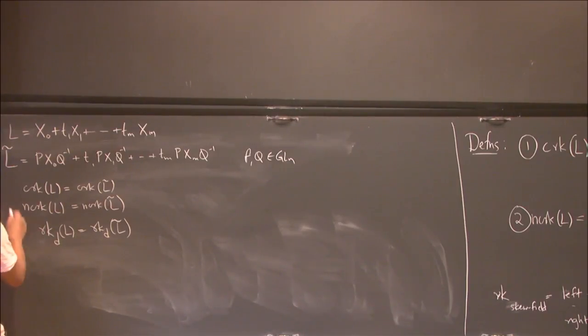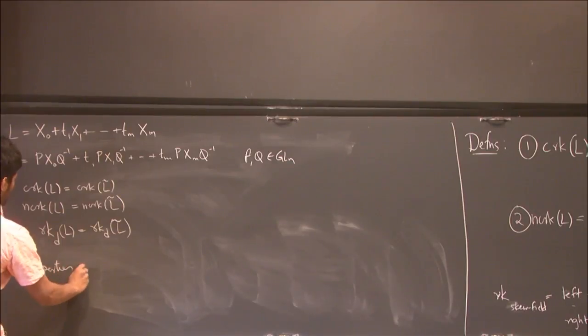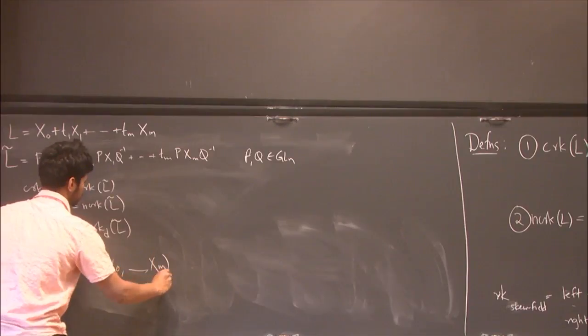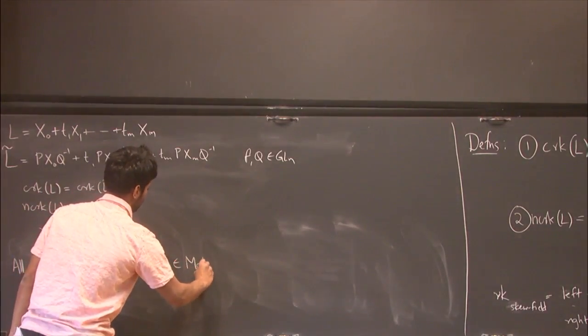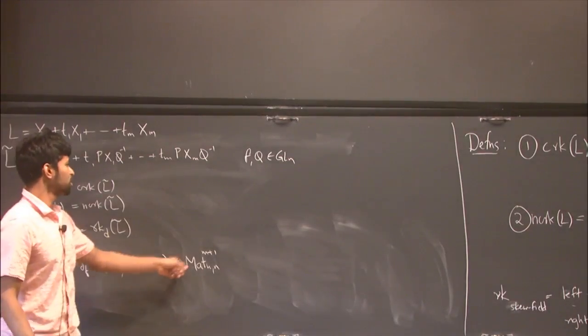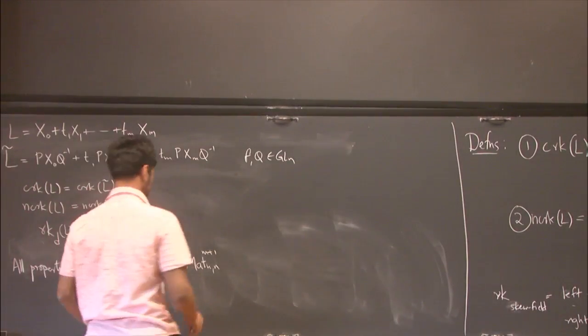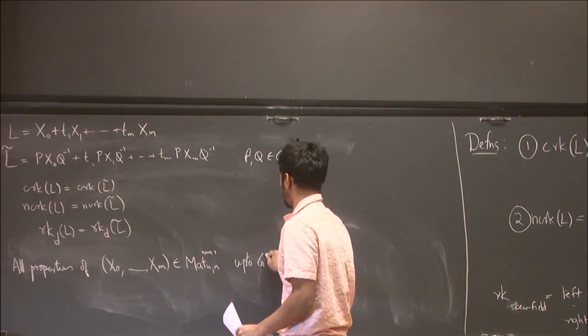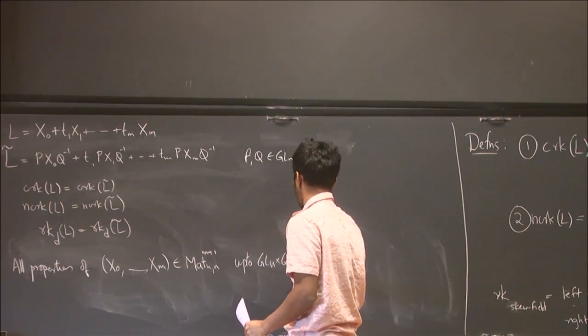Yes. Okay, so what does this mean? This means that the commutative rank, the non-commutative rank, and the D ranks are all properties of just this tuple, but they're all properties of this tuple up to a GLn cross GLn action.